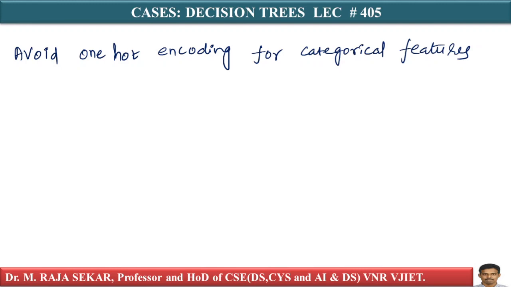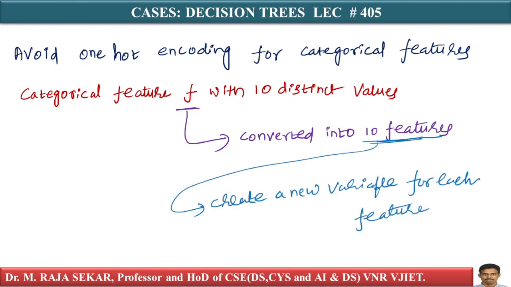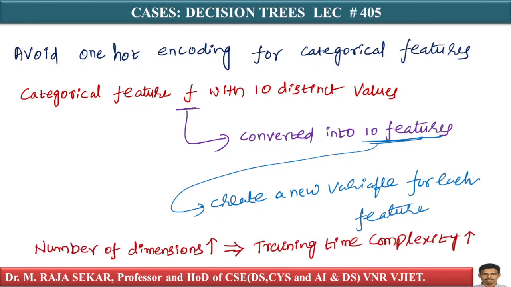If you have a categorical feature f, which is one feature, and it has 10 distinct values, in one-hot encoding, one feature will be converted into 10 features, because we create a new variable for each of these 10 values. Therefore, dimensionality increases. As the number of dimensions increases, the time complexity to train will increase.